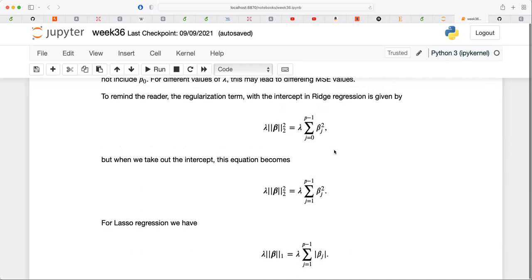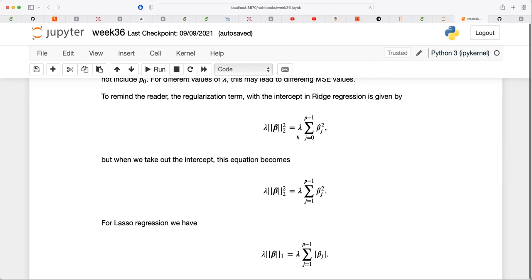So the parameter lambda, which you see in lasso regression and ridge regression, this parameter here puts actually a specific emphasis. If this parameter is large and you keep the intercept, that will actually play a role when you make the fit. And that can actually increase your mean squared error.